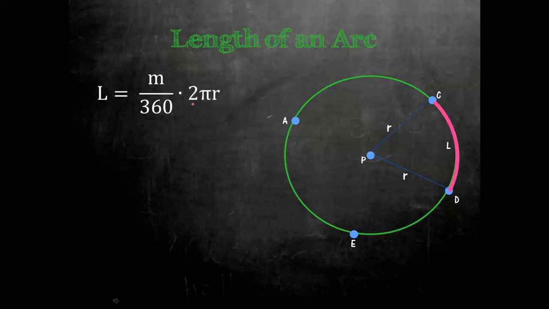If you remember, 2 pi r is the circumference of a circle, which tells us what the whole circle equals. So if we take the measure of the arc and divide it by 360, it tells us the fraction that this arc takes up, and then we multiply it times the circumference, which will tell us the length of the arc right here.